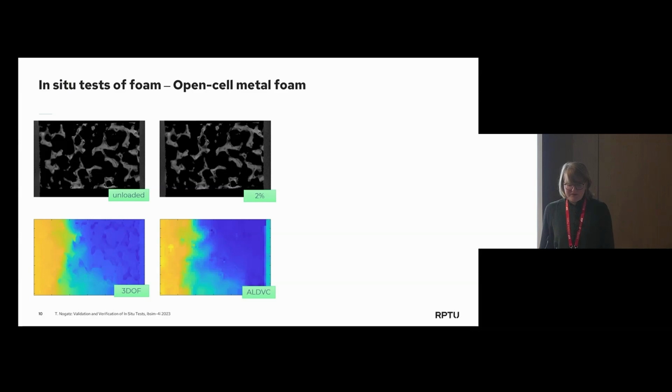What you know about these open cell metal foams is that though they macroscopically behave elastically in the first stage, already in the elastic regime you may have breaking struts. And these breaking struts will eventually cause full layers to collapse.